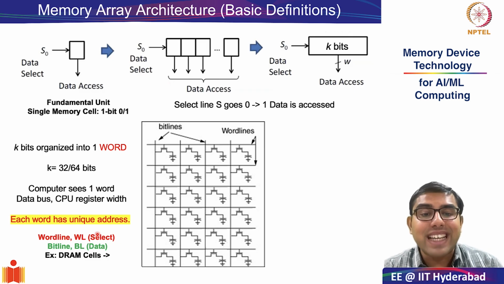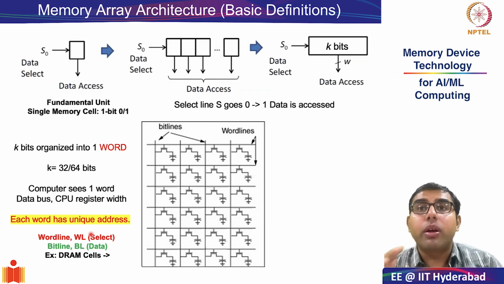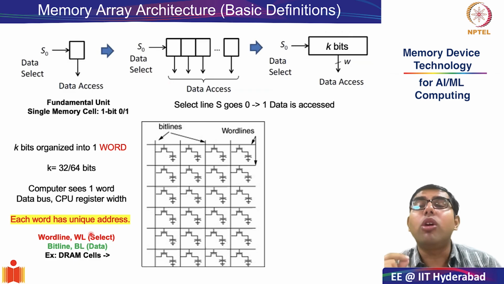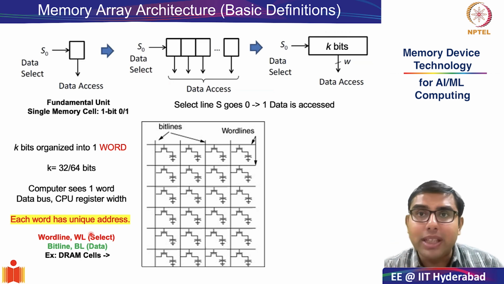The word line is essentially the data select input to the memory array. So when a word line is selected, the memory array understands that it's an indicator for which particular word line or which particular word is to be read out at the data output pins.